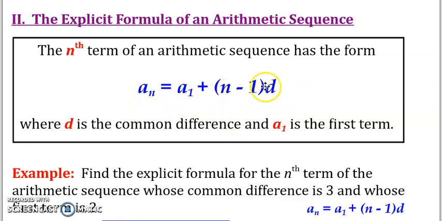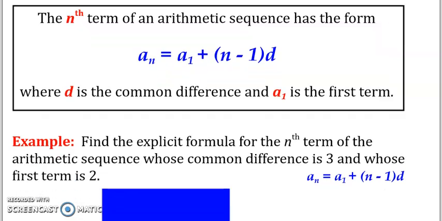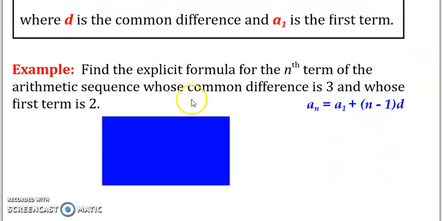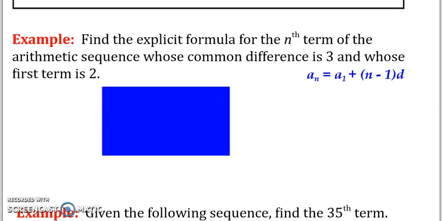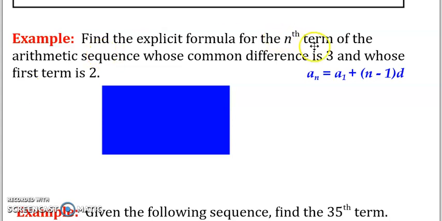Once we go through and plug things in, we'll distribute whatever our difference value is into the parentheses and combine like terms just to clean things up, but that's not going to be too terribly difficult. All right, so let's get the formula here, and I've got it listed right here for you in case I scrolled too fast and you're too lazy to pause. So we have a common difference of 3, that's important.